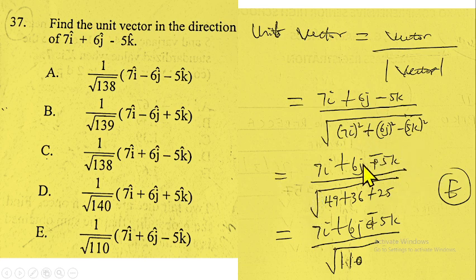The numerator is still the vector, divided by the square root of 49 plus 36 plus 25. If you add this together, that gives us the square root of 110. So the unit vector is 7i plus 6j minus 5k over the square root of 110. And if you look at the options provided, option E is the correct option for question number 37.